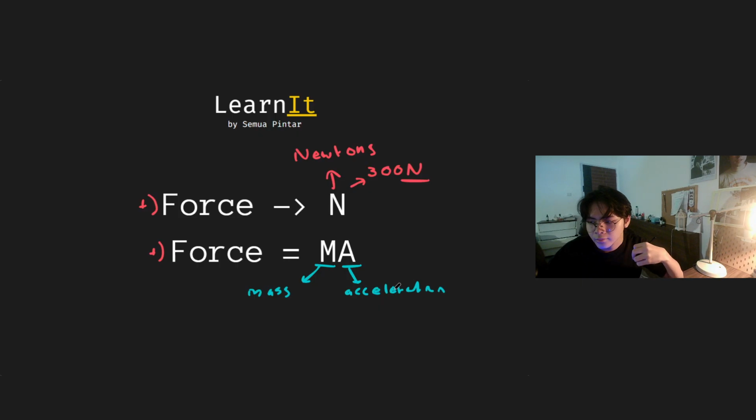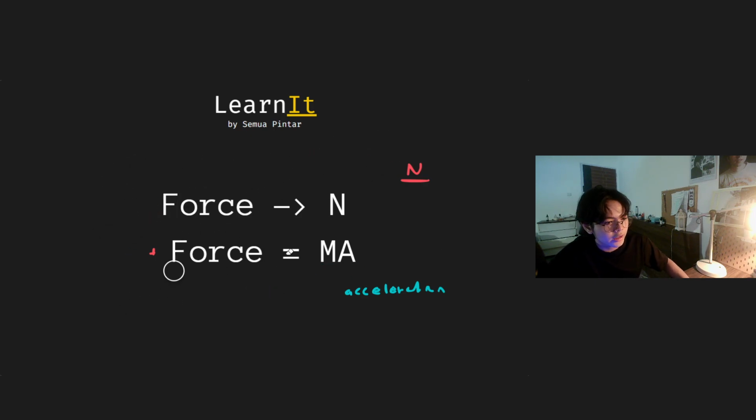So just memorize this formula for now. We will also use newtons in any calculation, because you'll need it to apply on the next materials. Okay, so let's move on.